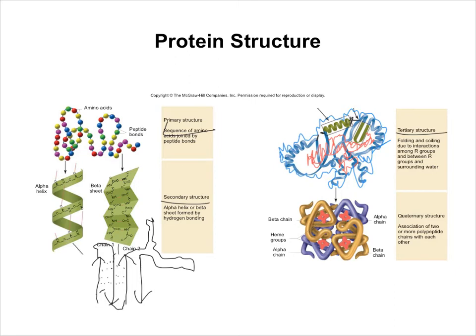Quaternary structure is like constructing an outfit. Some outfits might be constructed of a single garment. A dress is one garment, you put it on and it's an outfit. But most outfits, you're going to have more than one garment. You're at least probably going to be wearing some underwear, probably some socks.